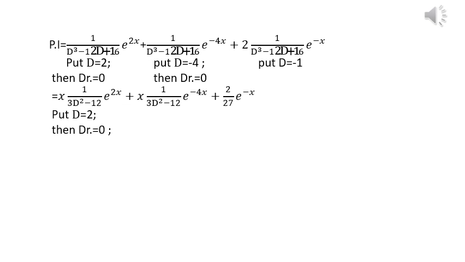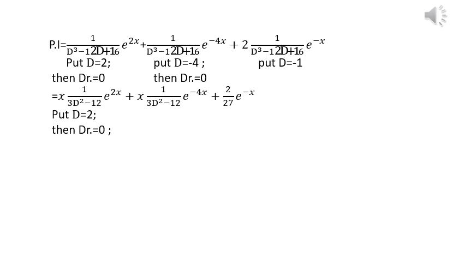Next, particular integral. Write PI equals 1 divided by the left hand side inside the bracket, what you have that must be written in the denominator. So 1 by d cube minus 12d plus 16. In the question, what you have in the right hand side must be written: e to the power x plus e to the power minus 2x, whole square.